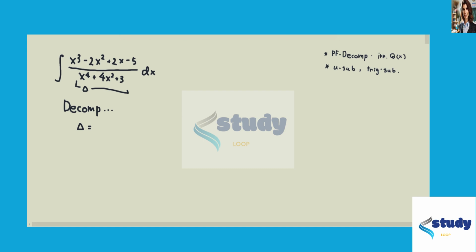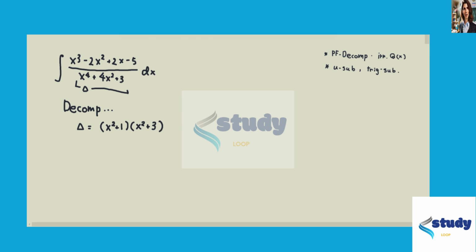So you can factor that quite straightforwardly, calling it x squared plus 1 times x squared plus 3. So here, you see that x squared plus 1 and x squared plus 3 are not reducible by linear factors anymore. So these are called the irreducible quadratics, okay?